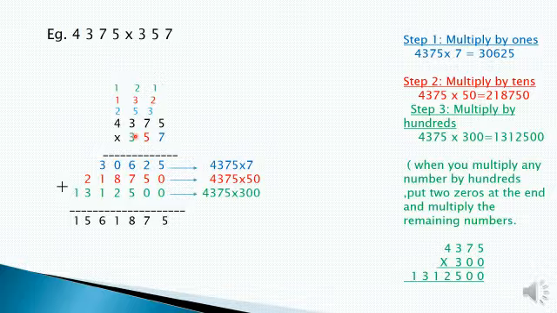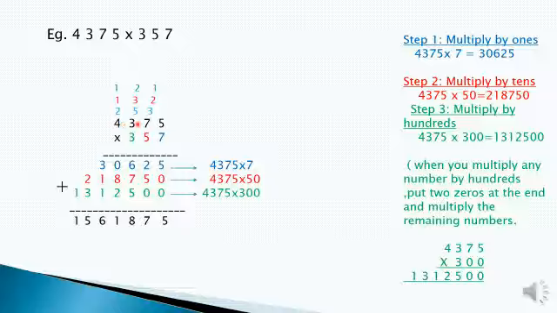When you multiply any number by hundreds, put two zeros at the end, that is in ones place and tens place, and multiply the remaining numbers, that is 4375 by 3. When you multiply 4375 by 3, you get the answer 13,125.